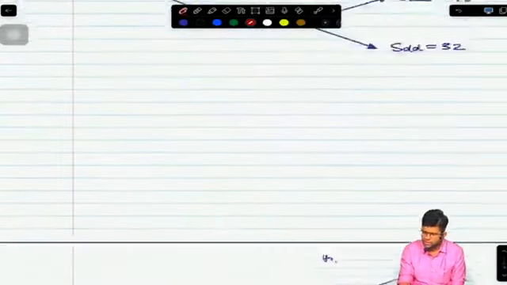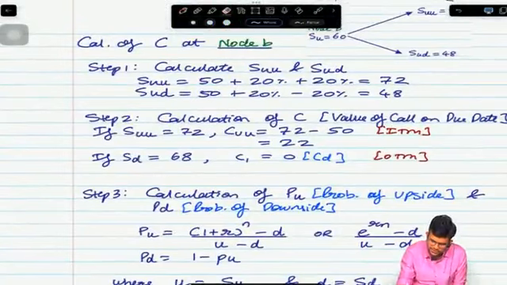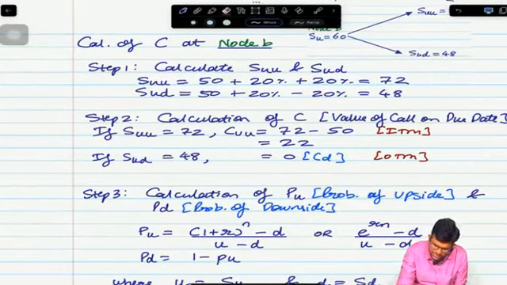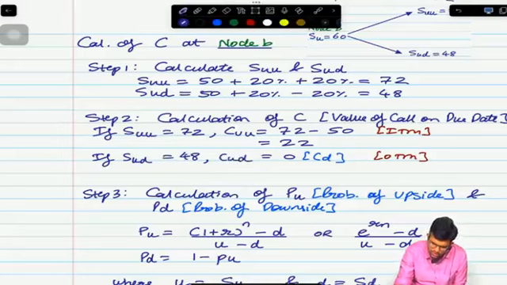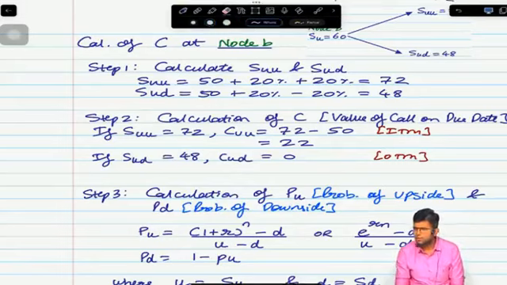And then tell me what next. What is the next S? 48, no? If SUD is equal to 48, do you realize CUD will be 0? Come on, everybody. Why 0? Because it is out of the money. Now 50 rupees is the strike price. Everybody clear? It is out of the money.